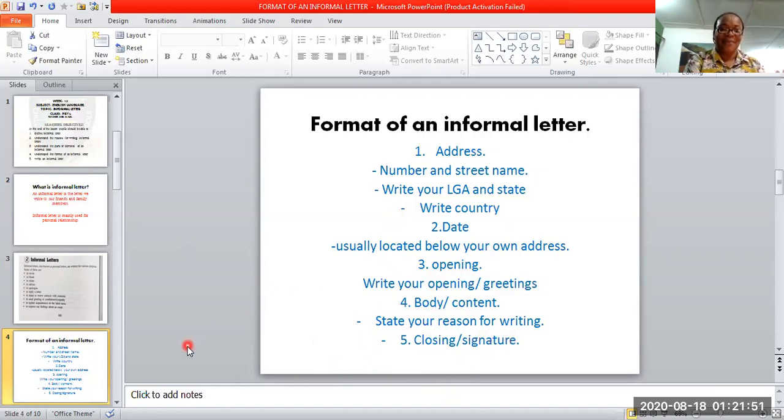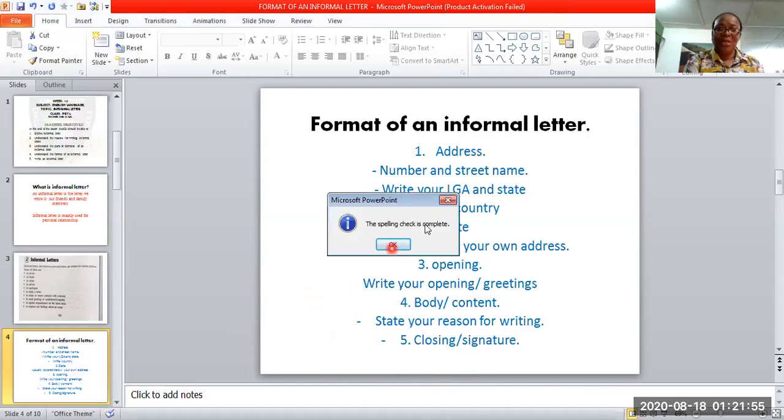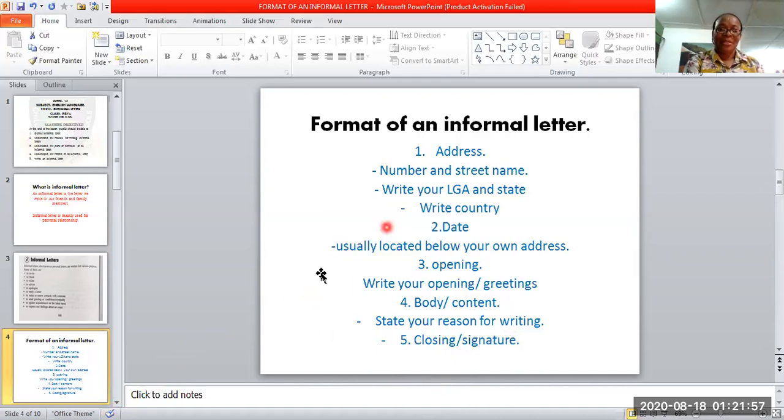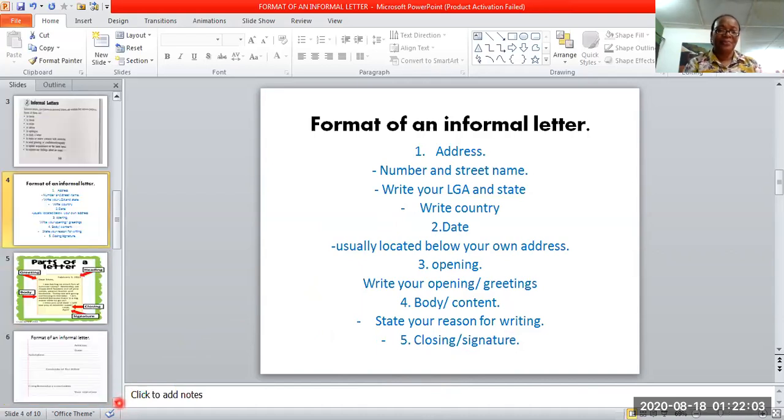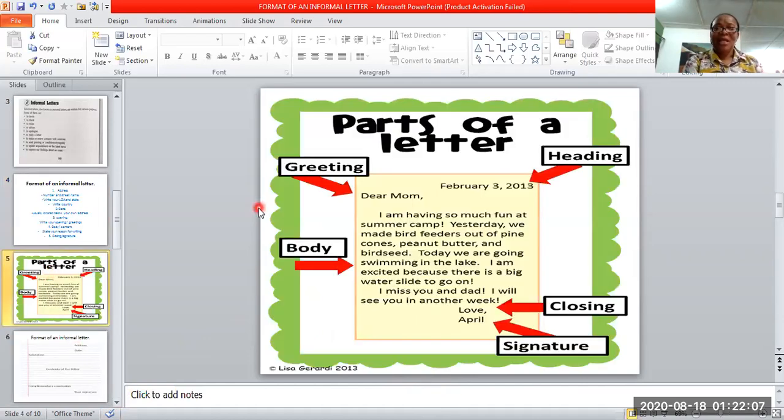Are we together? Beautiful. And so we bring letter writing to a wrap now. But then we give you a mild reminder that we have parts of a letter.